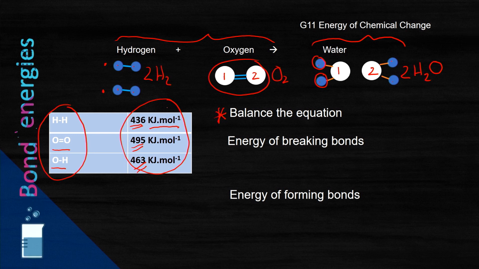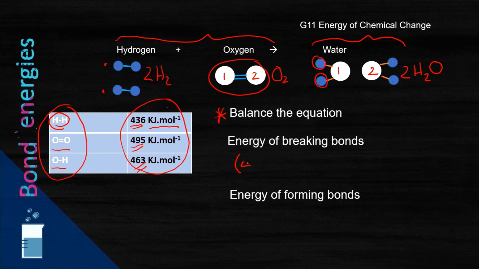So what about energy of breaking bonds? We have got two hydrogen diatomic molecules. Over here, we are given the bond energy for only one. So we have to multiply that by the number of bonds that we have. So let's pop this in.